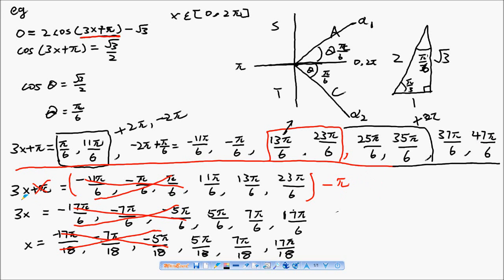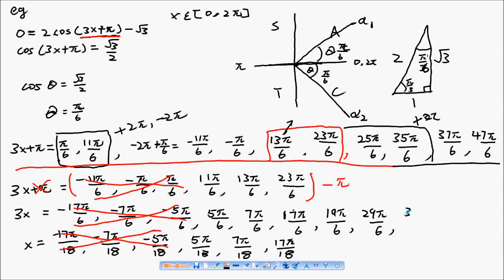Now let's go to the next step where we have to minus pi, and 3x is equal to, so it's 25 pi on 6 minus pi, which is equal to 19 pi on 6. And here is 29 pi on 6.